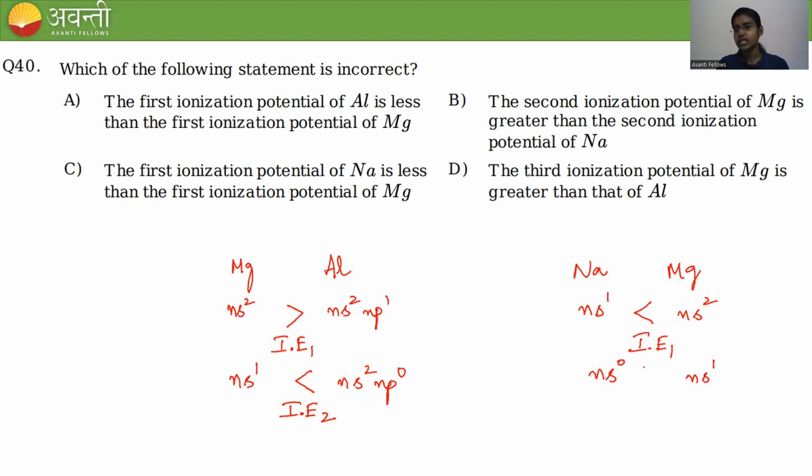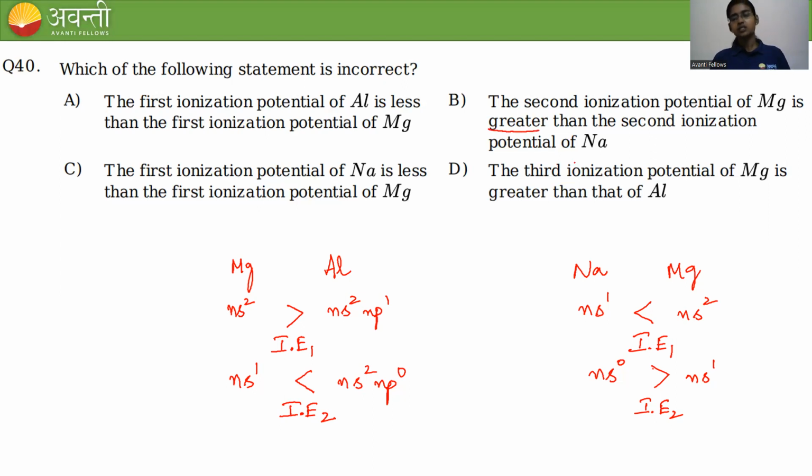Now we can easily remove the electron from magnesium since it has one electron, and for the removal of an electron from sodium, we have to go to the inner shell, right? It means the energy required to remove the electron from the inner shell is more for sodium. So the second ionization potential for magnesium is less than the second ionization potential of sodium, but it is given that magnesium is greater.